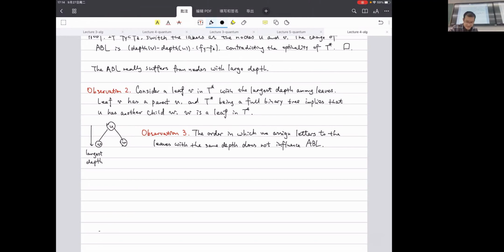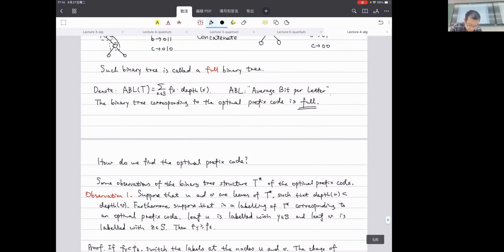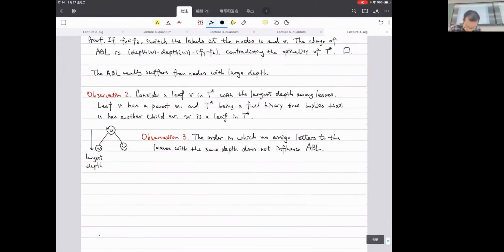This is directly straightforward from the definition of ABL. If the depth is the same, it's just the summation of all the frequencies at the same depth. Even if you switch the corresponding codes, it does not influence that.